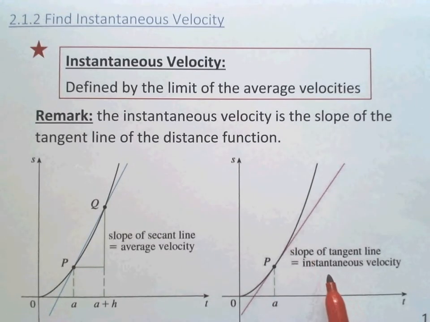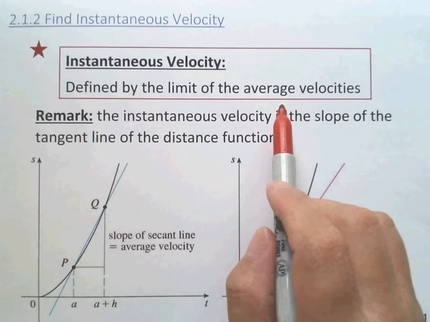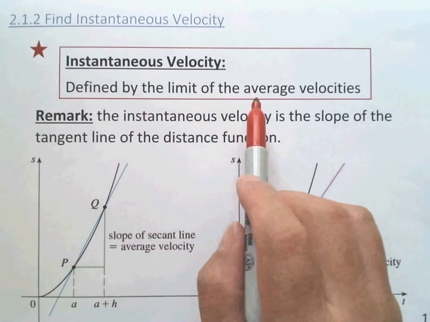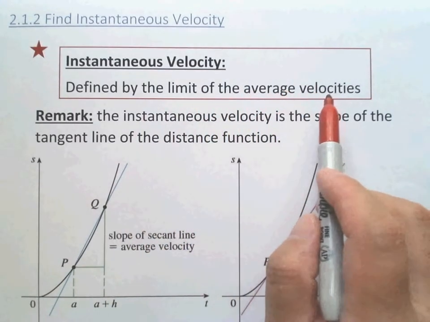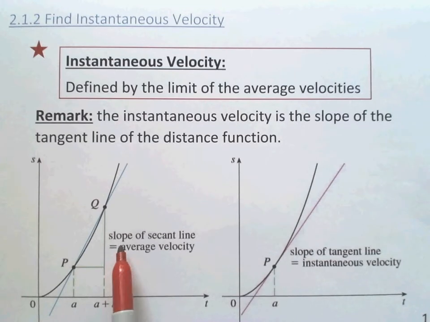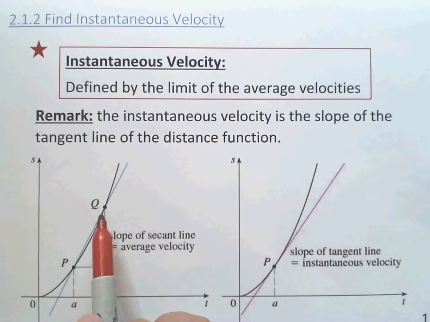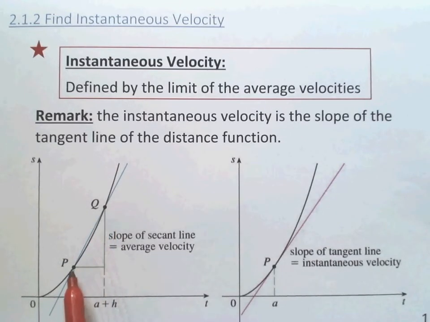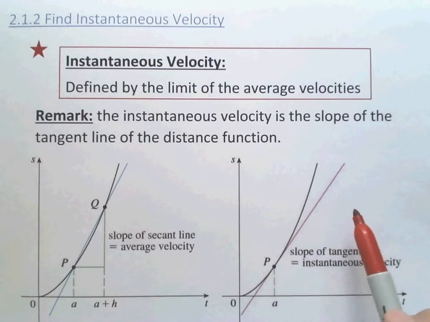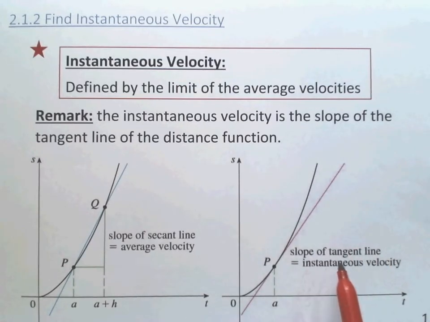Now, what is the instantaneous velocity? Do you remember? Instantaneous velocity is the limit of the average velocity, which is the limit of the slope of the secant line. As h approaches 0, the point Q approaches the point P, and the secant line finally approaches the tangent line, which means the slope of the tangent line is exactly the instantaneous velocity.